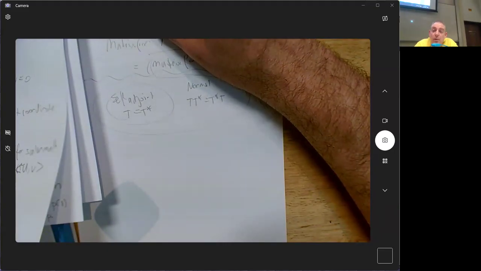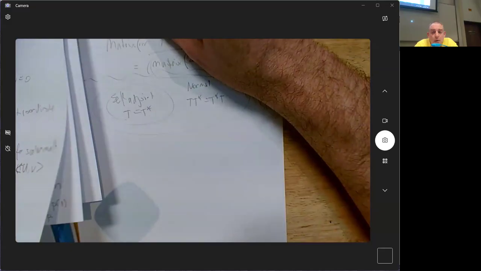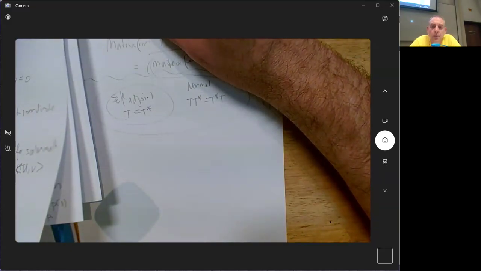So this one's apparently normal but not self-adjoint. These are exercises.